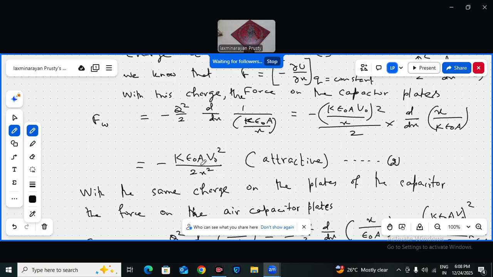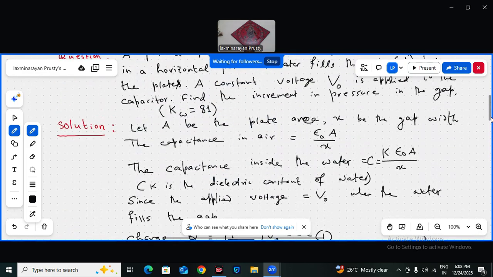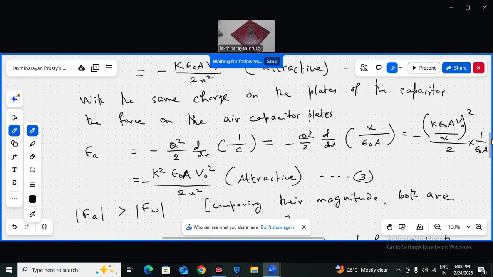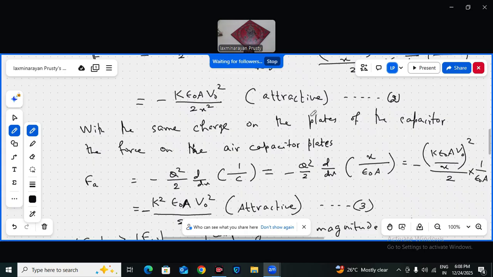Negative means the force direction is pointing towards the decreasing direction of X, which means attractive force. The force tries to decrease the X value. I wrote it very clearly here, attractive force.